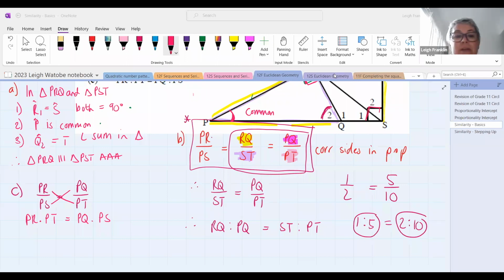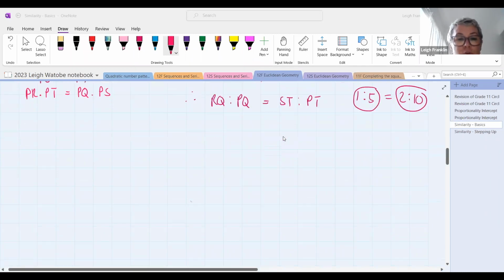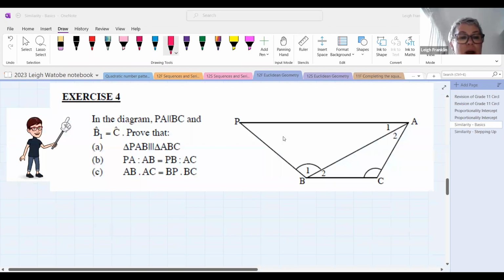Okay. All right. So now I'm going to give you guys an opportunity to practice this yourselves. Those of you that have already done triangle PAB similar to triangle ABC, you are welcome to go on and do part B and part C, and then we'll mark it and we'll move on from there. Okay, so I want everybody to have an opportunity now to first prove similarity.